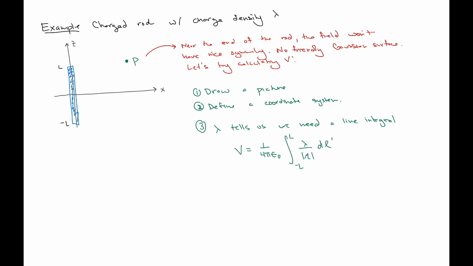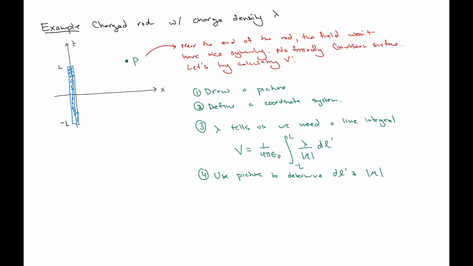I just might write that down first, so I can get an idea about what I'm doing. And now I want to use the picture that I drew to determine what to replace dl and our separation vector with, so I can actually do the integral.